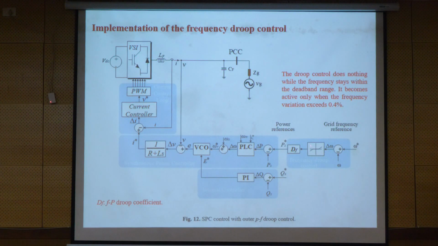But if it goes in a different direction, we need to calculate the value. We call it the droop frequency coefficient. And based on that, we change the value of the active power that we need.